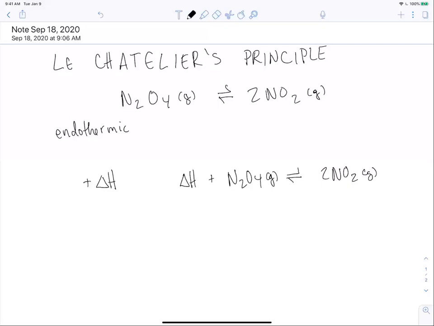Then you can use this to figure out what happens as I change the temperature. If I increase the temperature, and we're thinking of this like a reactant, then it has the exact effect that increasing the concentration of reactants does.